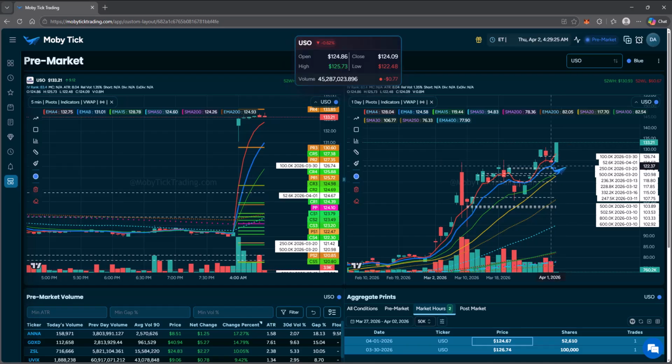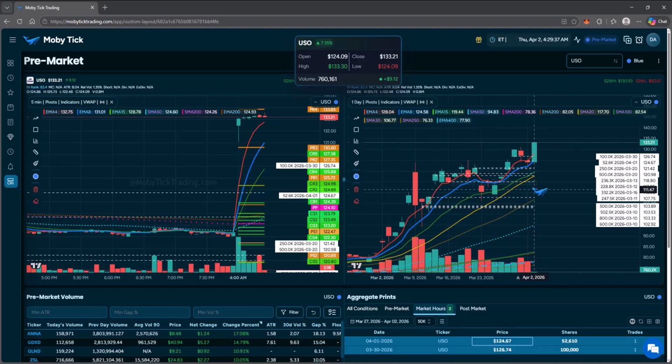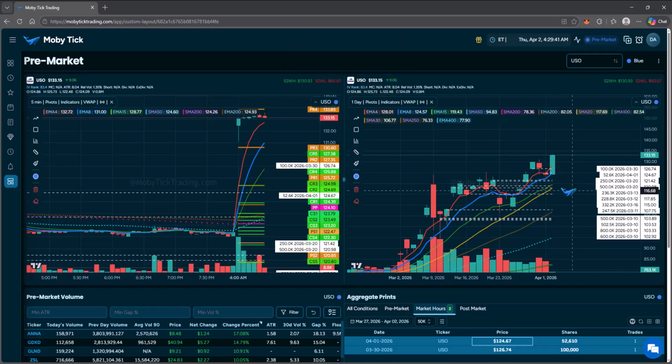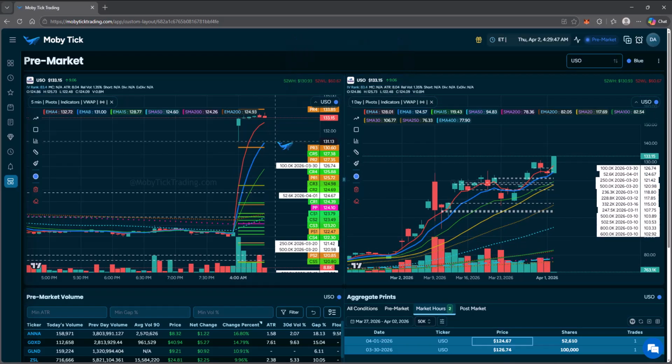So this was the test of the 8 exponential moving average and these prints down here. We had that increasing volume there, but now we're making a new high, recent high. But anyway, USO is up $9 already. Its ATR is 8. So there should be some room here to trade some oil.